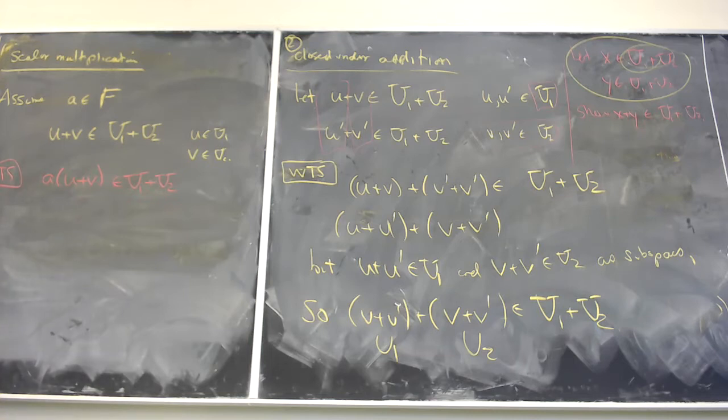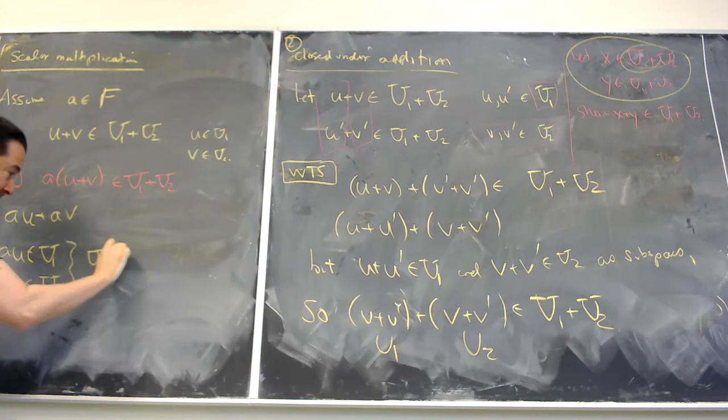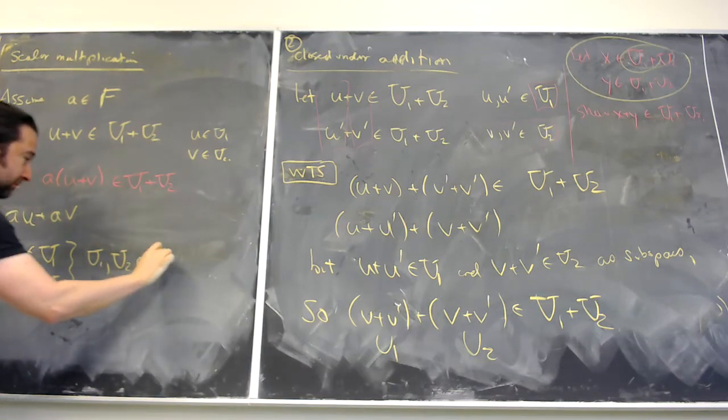Just the distribution property, right? au plus av. Well, au is in U1 because U1 is a subspace. Subspaces are closed under scalar multiplication. So if u is in U1, then au is in U1. And also av is in U2. These both hold because U1 and U2 are subspaces.